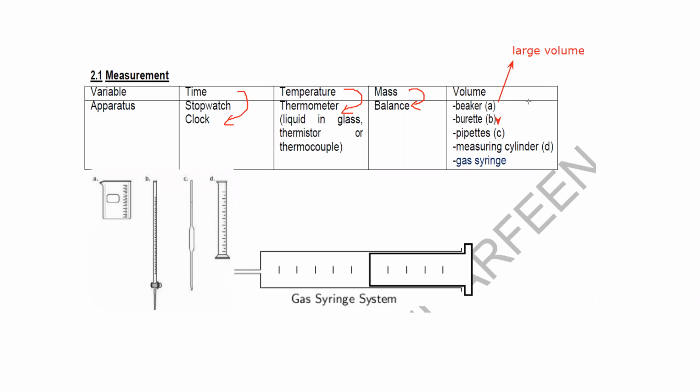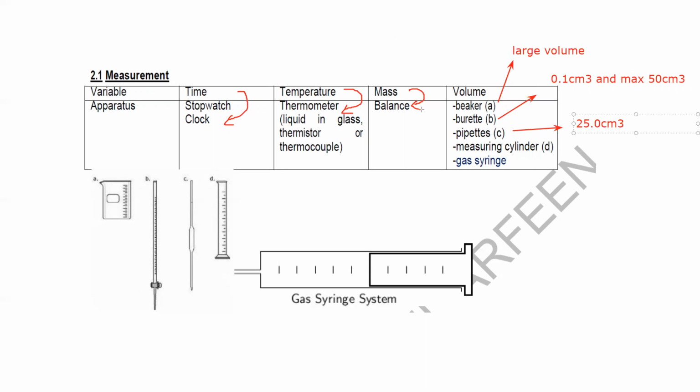If you want to measure an accurate volume to 0.1 cm cube, and maximum to 50 cm cube, we use a burette. If you want to measure exactly 25.0 cm cube, to be more accurate or precise, then it will be a pipette.